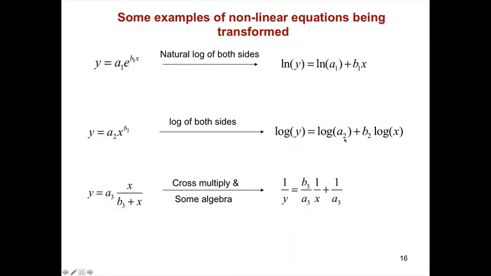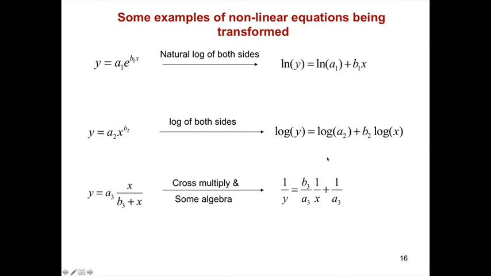So if my log of A2 is equal to A0, I can find out what A2 is, right? And my B2 is simply this A1 that is reported by a linear regression. Are we clear on that? So my linear regression is trying to fit a line to the data. This is my new y variable, and this is my new x variable, and they're linearly related.